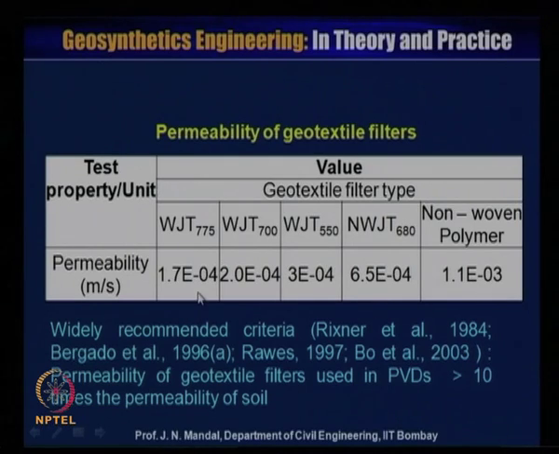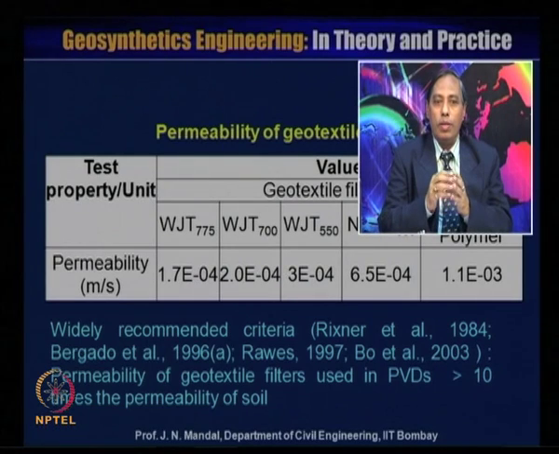So, this is a widely recommended criterion given by Rixner et al. 1984, Bergado et al. 1996a, Royce 1997, Bo et al. 2000c, that the permeability of the geotextile filter used in the prefabricated vertical drain should be greater than 10 times the permittivity of the soil.